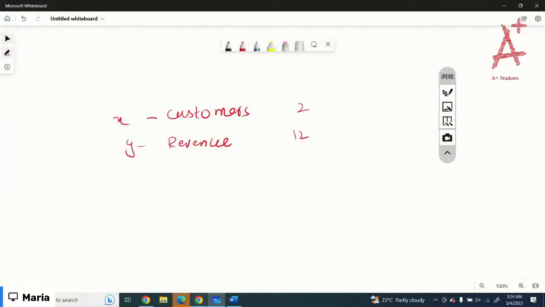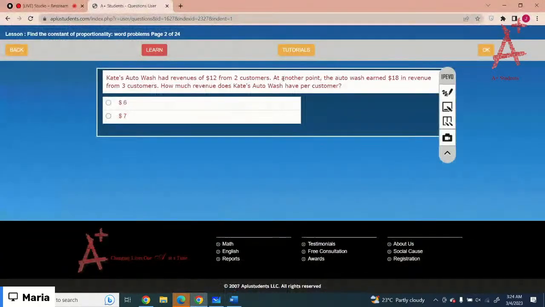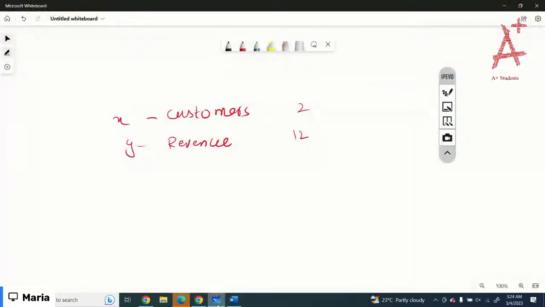And at another point, the auto wash earned $18 from three customers. So it would be 3 and 18. So you have to calculate the constant of variation as y over x. Got it?